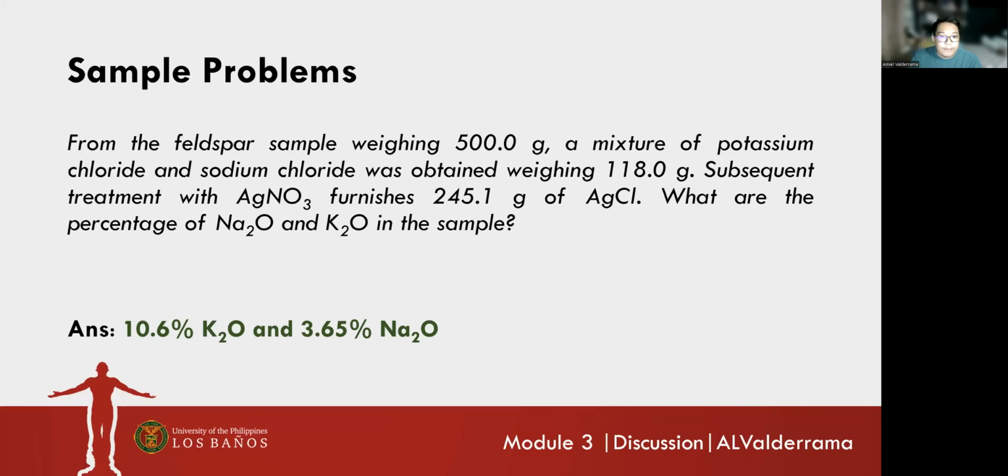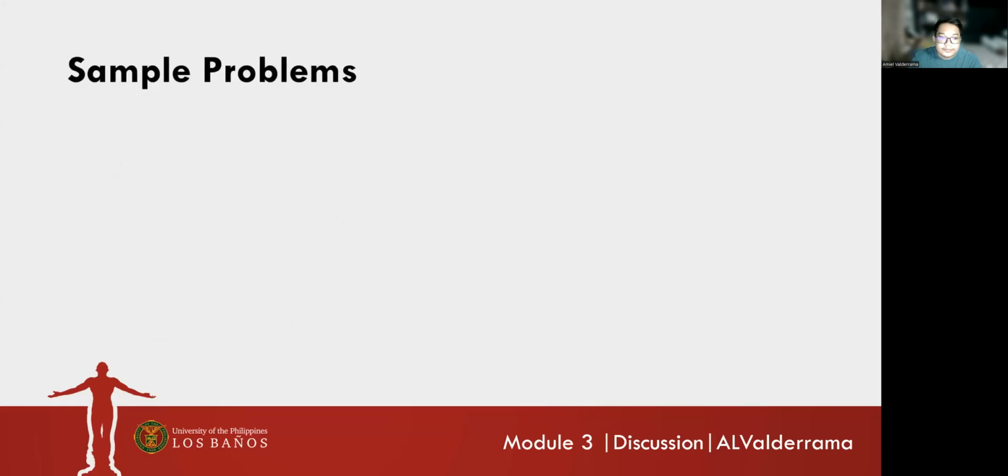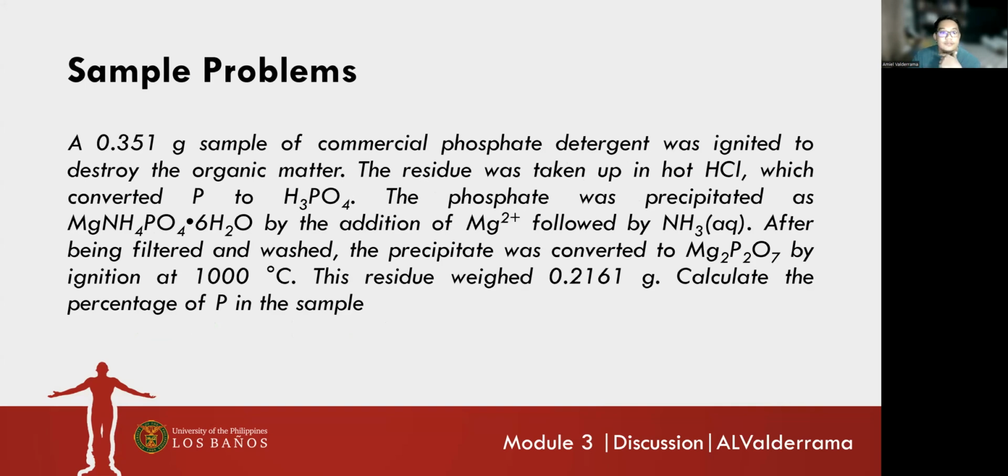So, next sample problem. Ayan. So, we have a 0.350 gram sample of commercial phosphate detergent ignited to destroy the organic matter. Then the residue was taken up in hot hydrochloric acid, which converted your phosphorus to phosphoric acid.